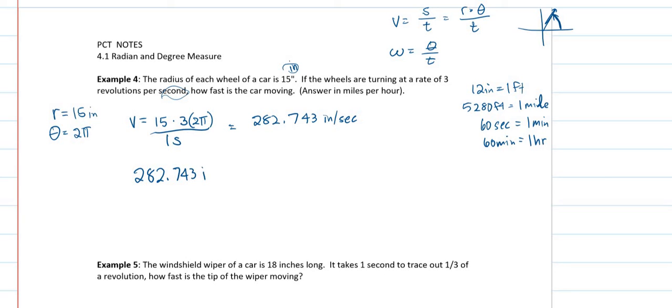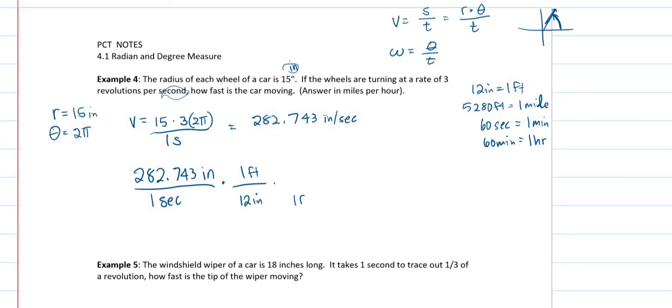So we get 282.743, and this is inches per second. That's over 1 second. So let's start by changing the inches. I'm going to put in a conversion factor that does inches to feet, which means I want inches to cancel out. So 12 inches is going to go on the bottom and 1 foot is going to go on the top. Now I'm going to put in a conversion factor from feet to miles.